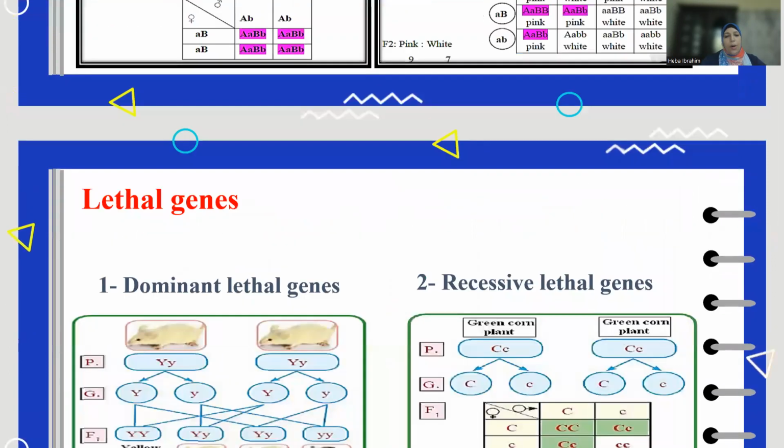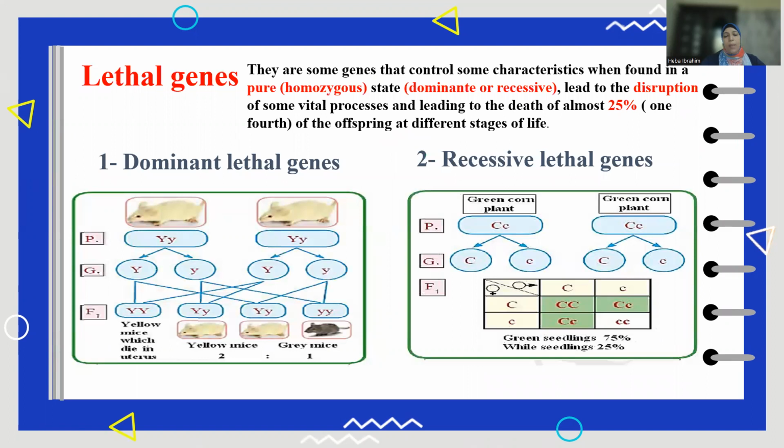Let's start with our third non-Mendelian case, which is called lethal genes. What's meant by lethal genes? These genes control some characteristics when they are found in a pure or homozygous state.